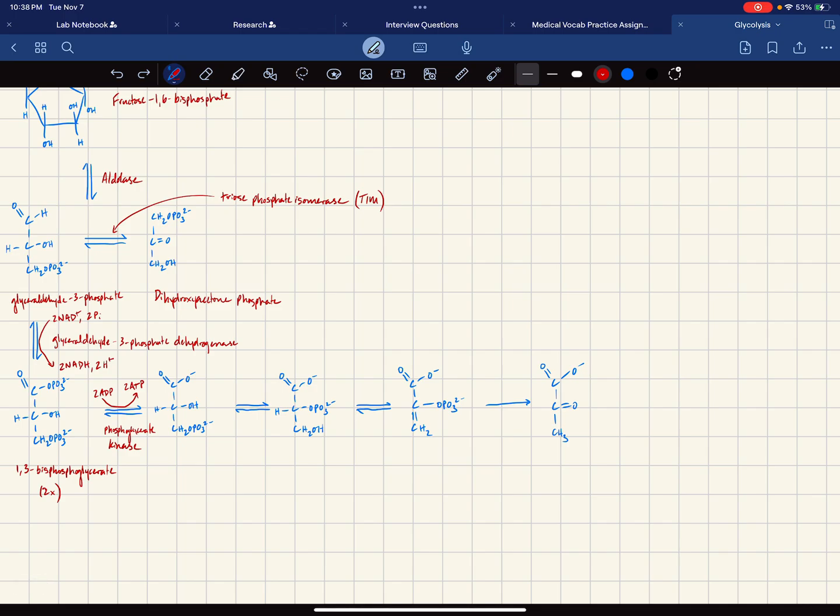Our next structure, this one right here, is called 3-phosphoglycerate. Again, we have two of them. Now we're going to change it so that this phosphate is not on the third carbon, but on the second carbon. The way we do that is with an enzyme called a mutase, phosphoglycerate mutase.